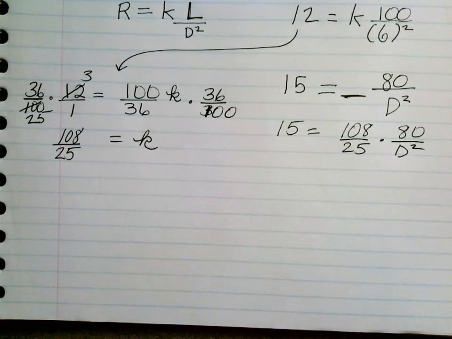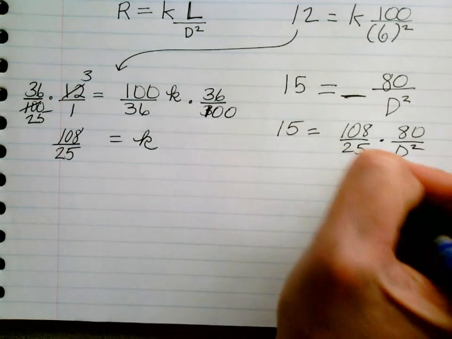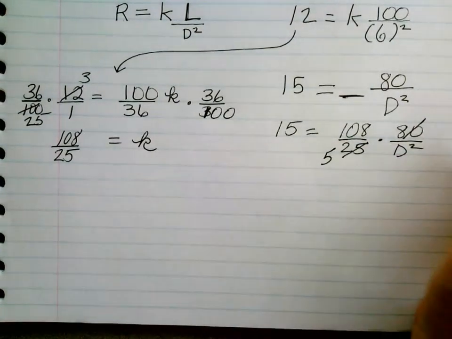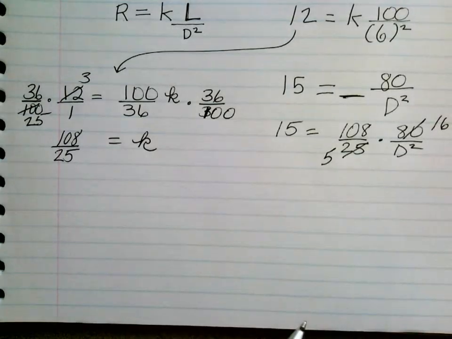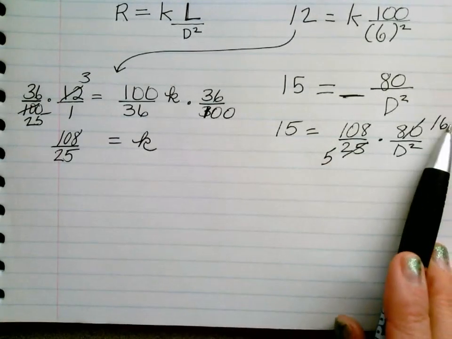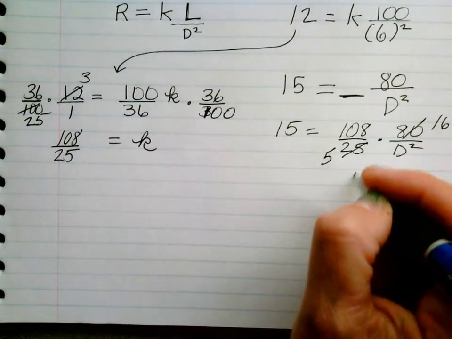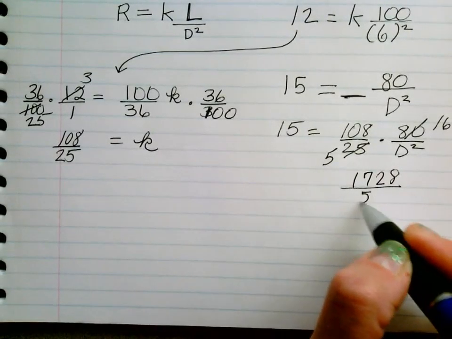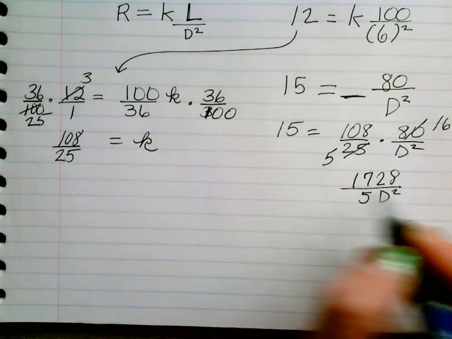There's a couple of different ways you can work this using the arithmetic that you know how to do. I really don't care how you do it. I do it simple. I cross cancel by a factor of 5 and 16. And then I end up with the product of 108 and 16 over the product of 5 and D squared.